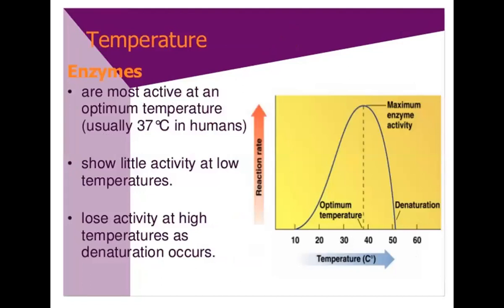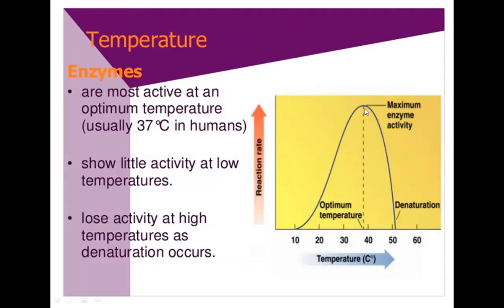Next is the temperature. There are lots of affecting factors, and temperature is one. Enzymes are mostly active at an optimum temperature. Previously also I have discussed this one. It will show a little bit of activity at lower temperature, because maximum enzymatic activity is at the optimum temperature, that is 37 degrees centigrade in the case of human physiology.